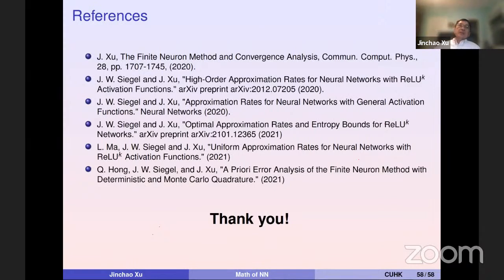So this is a very good question. Let me just give you an example for if the solution is very, very smooth. So you have a certain rate of convergence.